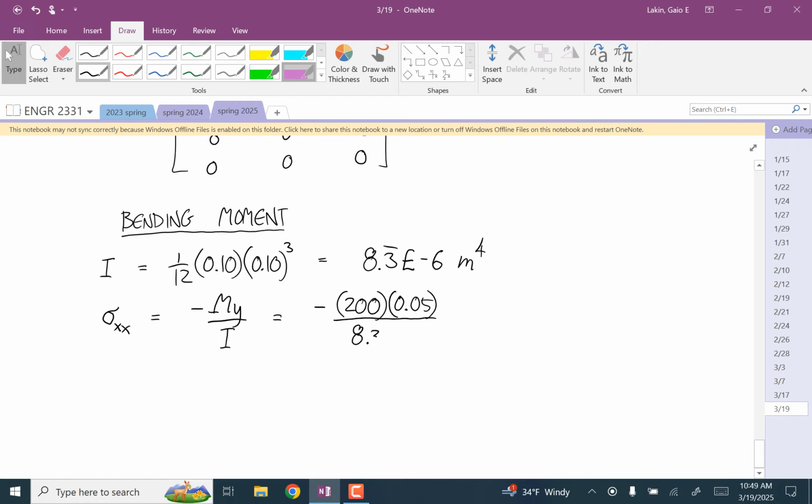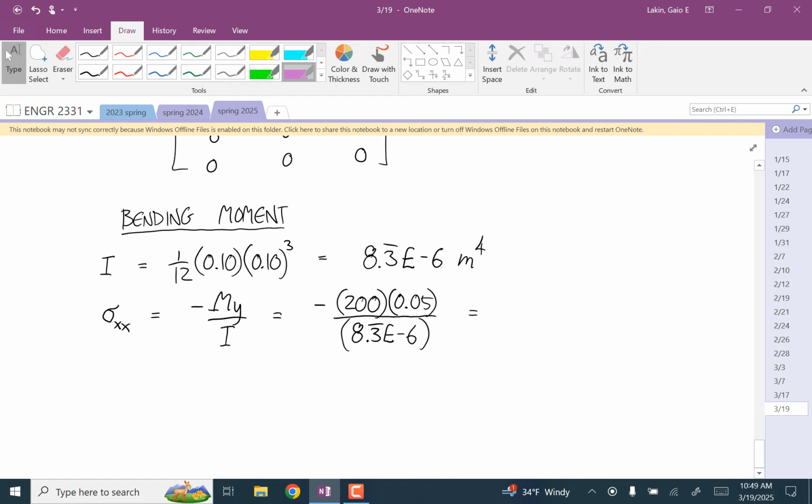That doesn't change point by point. And so we get negative 1.2 times 10 to the 6 pascals. Yes.